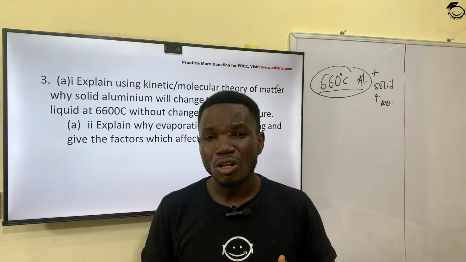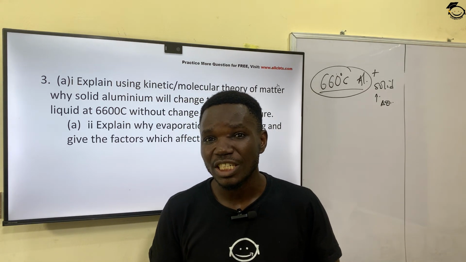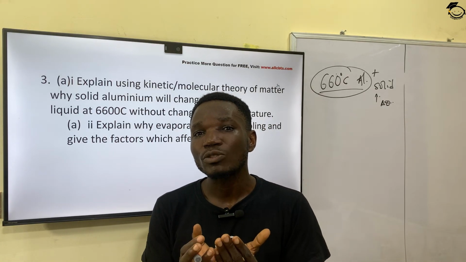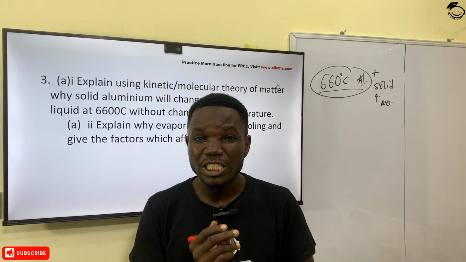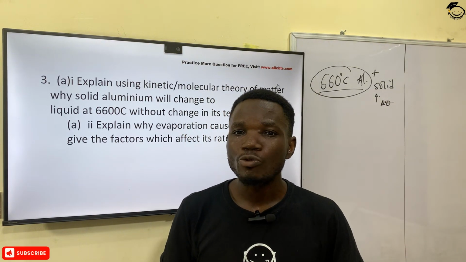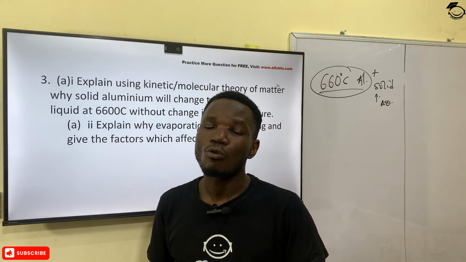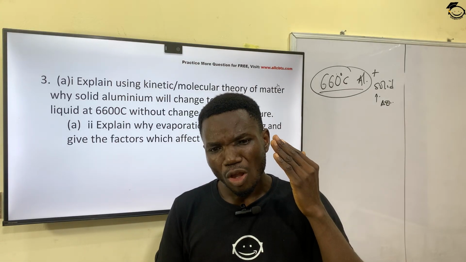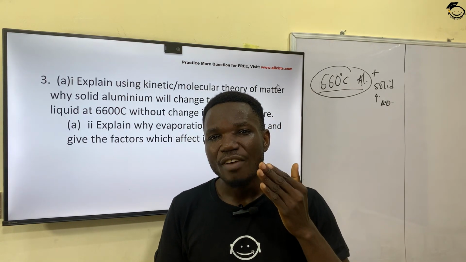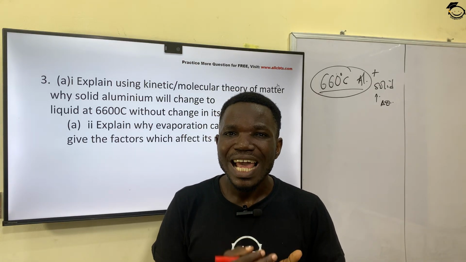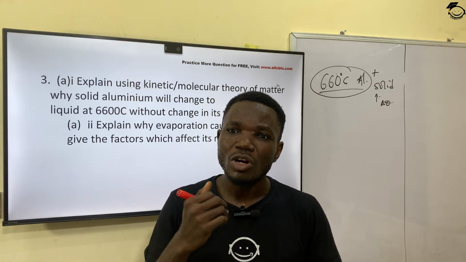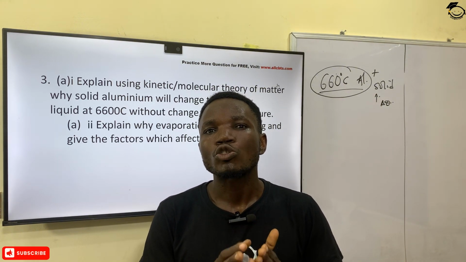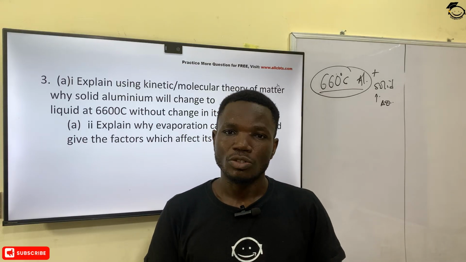Because those molecules with the highest amount of energy are given off, the remaining molecules of that liquid have a lesser amount of energy, which means that the average kinetic energy of the molecules left after evaporation has occurred is less. Because the average kinetic energy has reduced, that liquid becomes cooler than when evaporation has not taken place.